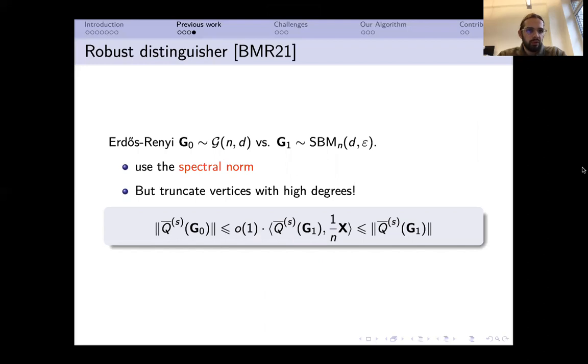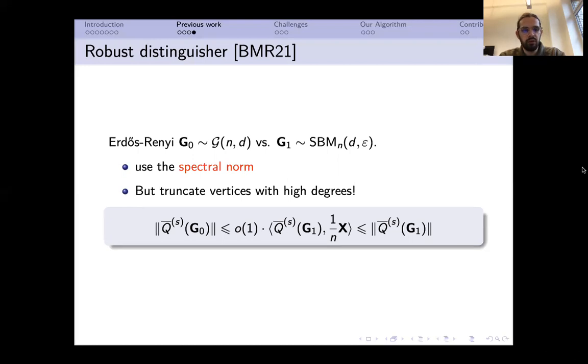Before trying to answer this question, it's useful to look at the robust distinguisher. Here, G0 is a graph sampled from the adversarial null distribution and G1 from the SBM. The idea of the paper was to use the spectral norm as a distinguisher. But there is not really a gap in the spectral norm unless we truncate vertices of high degree. Vertices of high degree inflate the value of the spectral norm, but if we remove them, then we actually get some separation.